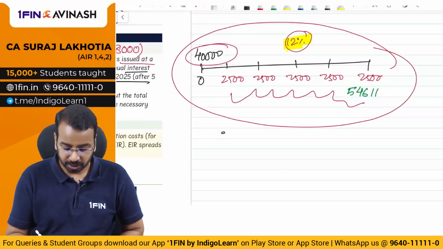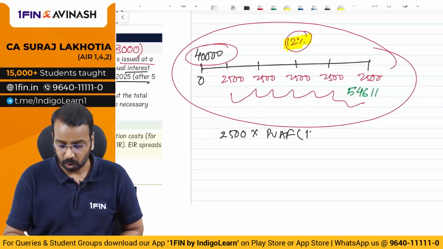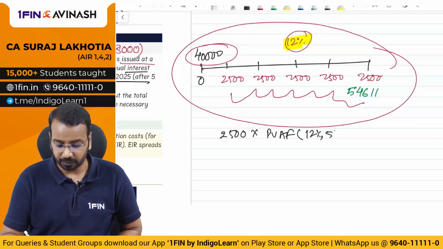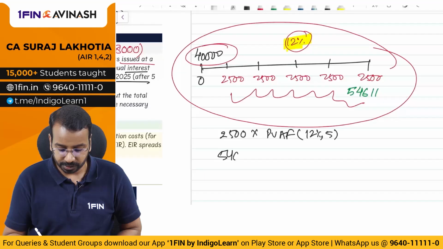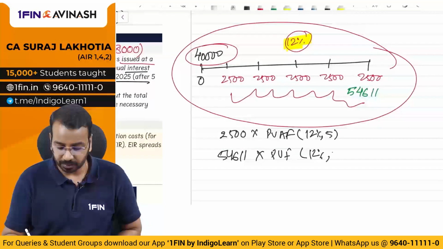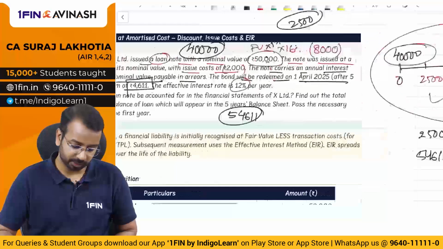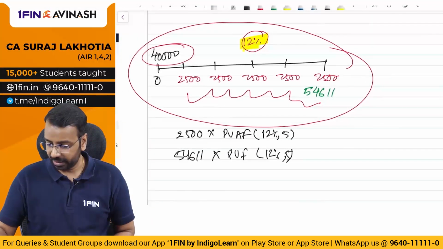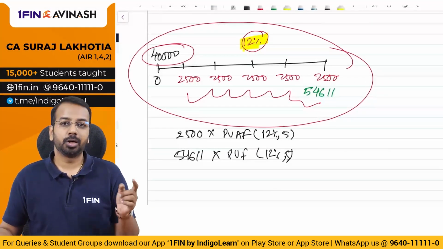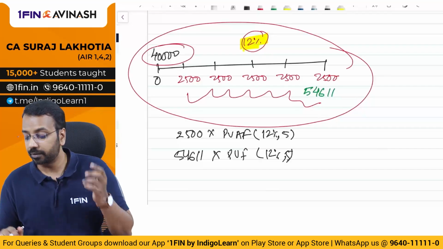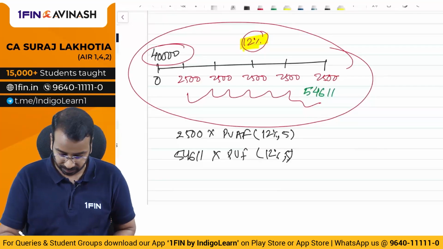So 2,500 into present value annuity factor of 12% for 5 years and 54611 into present value factor of 12% for 5 years. Have they given factors? No. So 1 divided by 1.12 to the power 5. How much did we get? 0.5674.